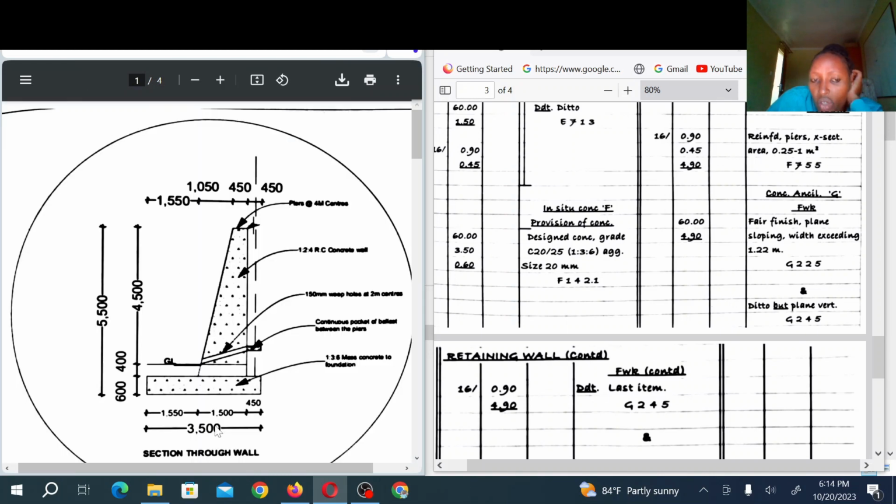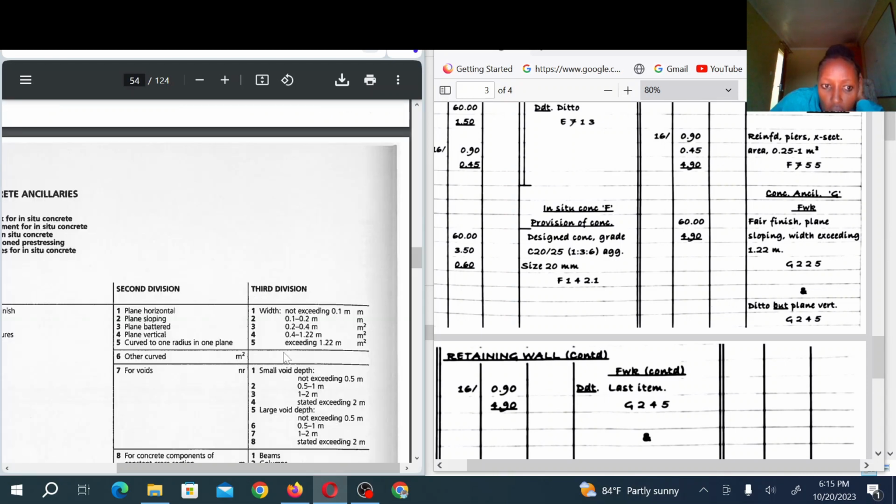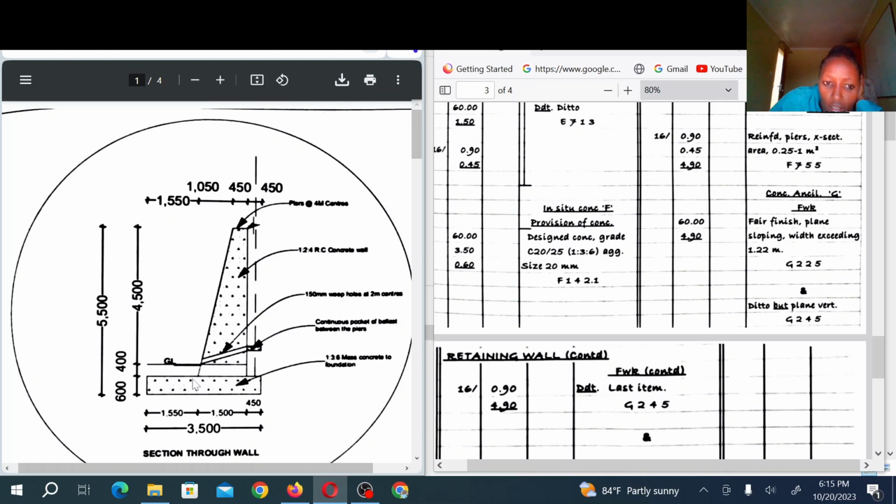If we take 1500, it exceeds 1.22 meters. So the area of the formwork shall be fair finish, plain sloping. If the width is exceeding 1.22 meters, it is measured in meters squared. So we shall take the total length of the wall times 4.9.